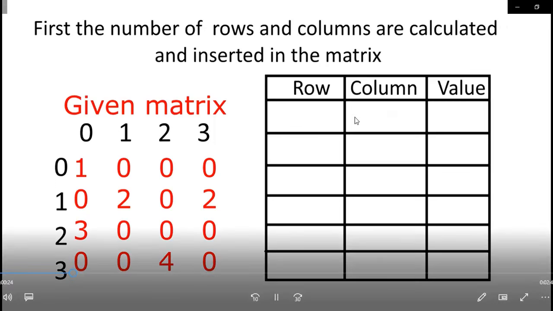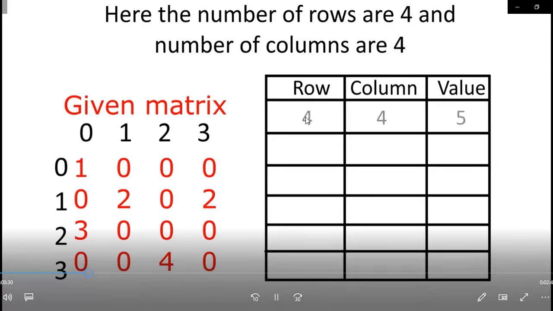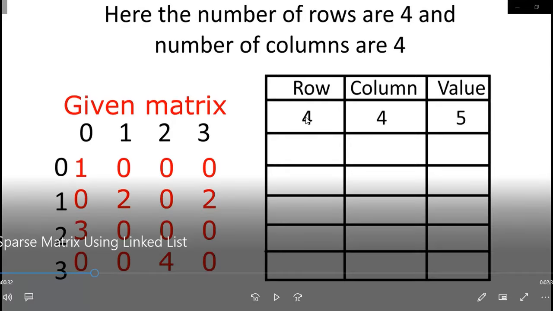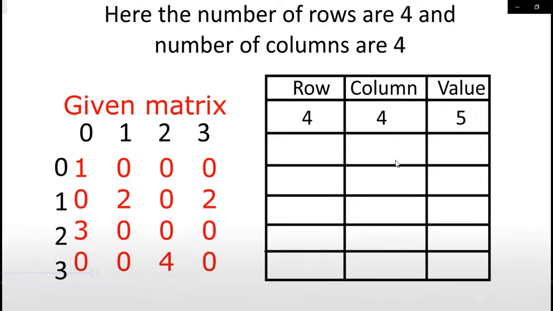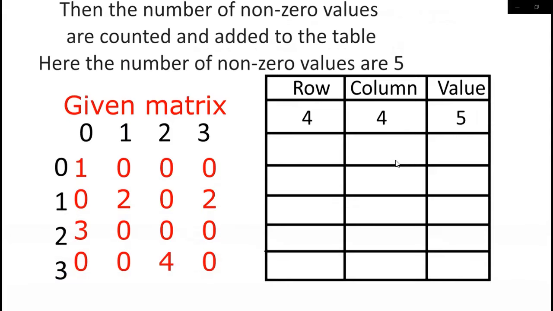The zeroth row has the number of rows and number of columns of the sparse matrix, meaning the order of the sparse matrix, and the value at the zeroth location is the number of non-zero elements in the sparse matrix. This sparse matrix has 1, 2, 3, 4 and 5, so 5 non-zero elements, and that is going to come here. The next entries are for the locations where we have non-zero elements.